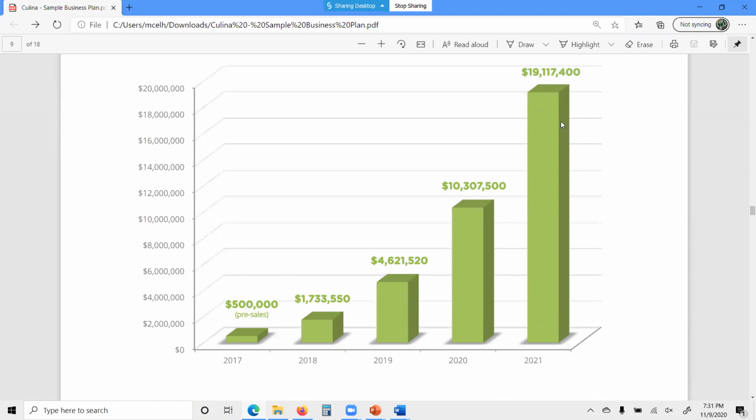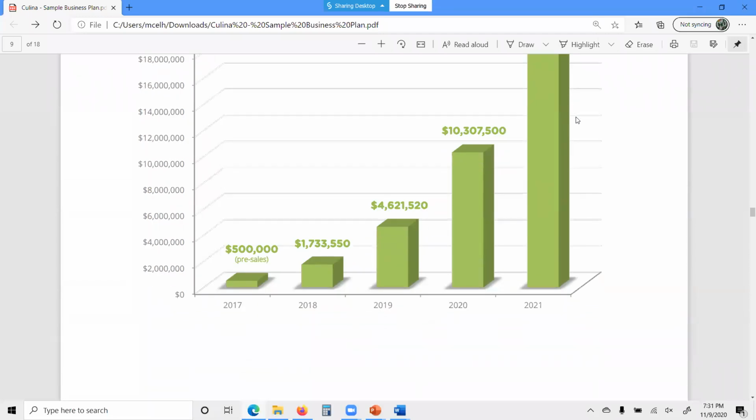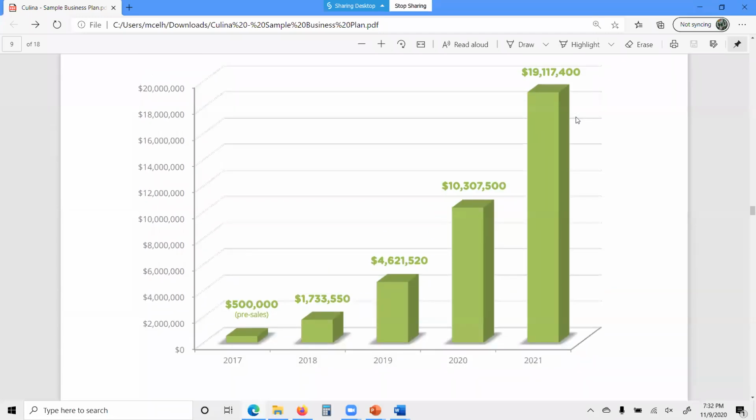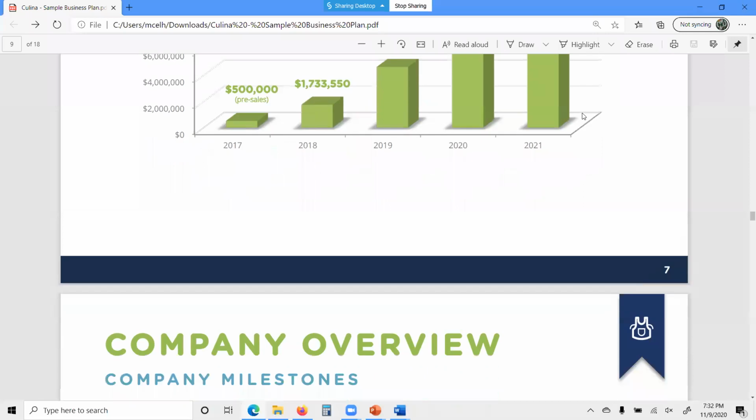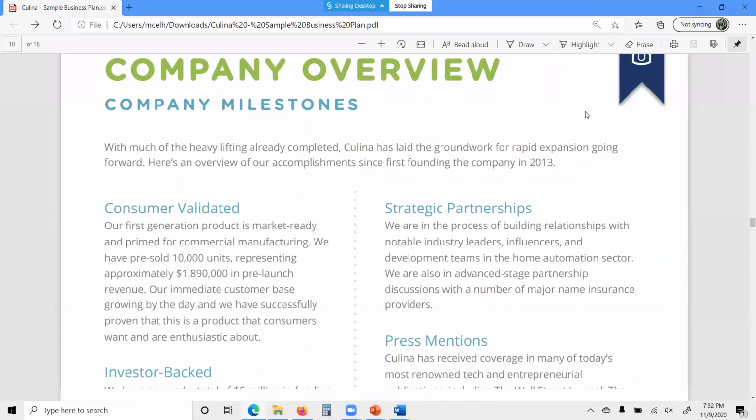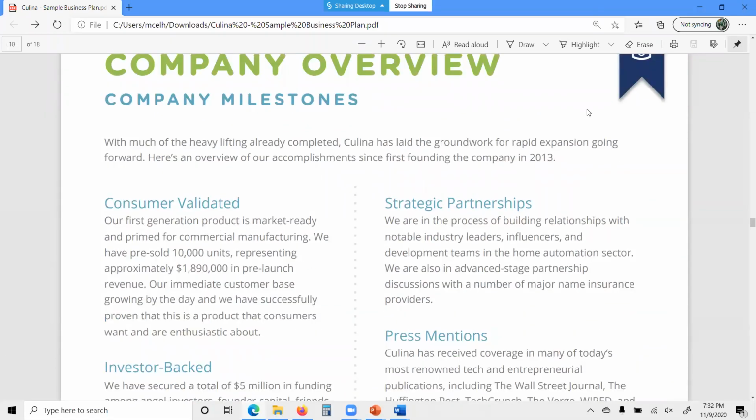By 2021, hopefully that company would be generating sales revenue of a little over $19 million. So that was their projections. What kind of company milestones are we looking for?